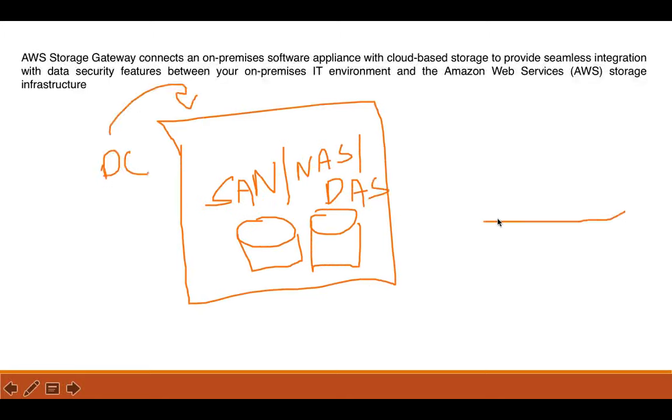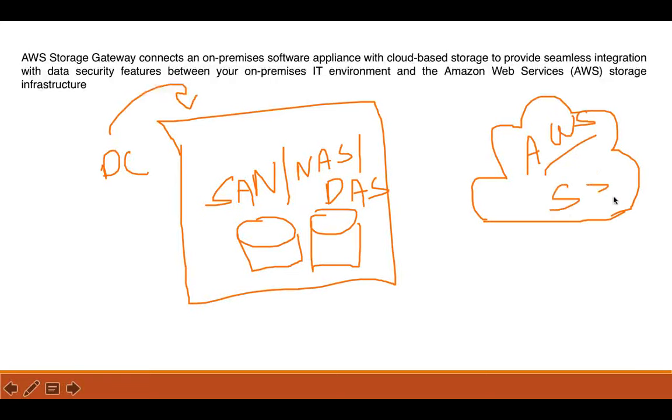You can merge these with the storage options provided by the AWS cloud. Most probably you will use S3. So you create a pipe or communication between your on-premises storage infrastructure and the AWS storage infrastructure. You create a bridge between them.